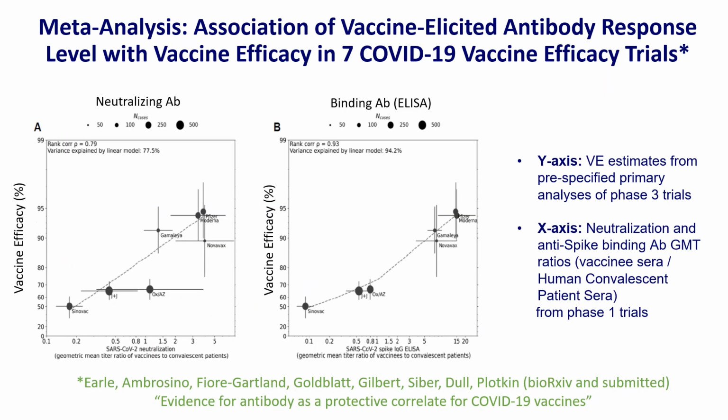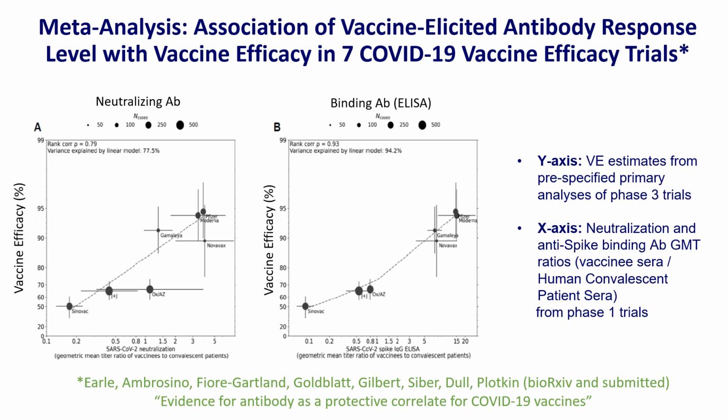And then we've done some analyses of 7 COVID randomized vaccine efficacy trials using binding antibodies and neutralizing antibodies, where, because we didn't have the same assay to characterize the immune biomarkers, we couldn't do a true correlates analysis.